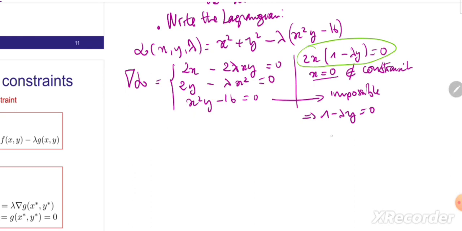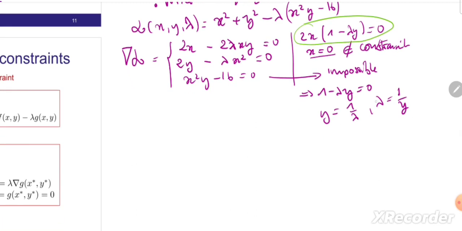Okay, so now I've got one relation between lambda and y. We get y is equal to 1 over lambda, or lambda is equal to 1 over y. It's exactly the same. Now, as I know that this is the only way to cancel the first equation, let's plug it into the next equations. Is that giving me something doable?